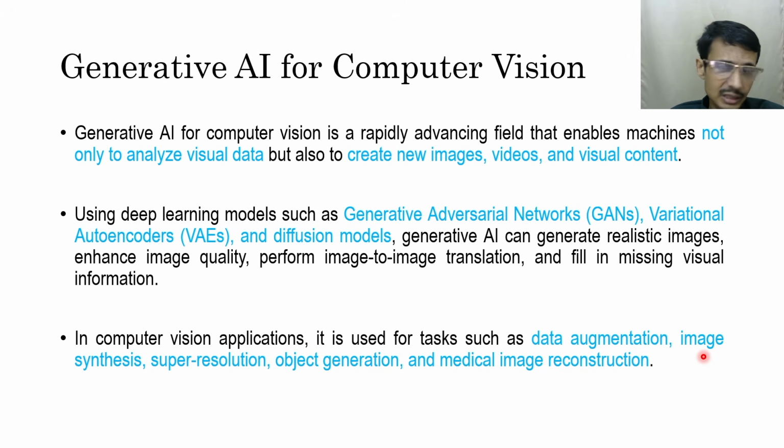These applications we will see in this course, how models like GAN, VAE, diffusion models, transformers are applied in applications like data augmentation, image synthesis, that means creating and synthesizing new images, super resolution, object generation, medical image reconstruction, and so on.